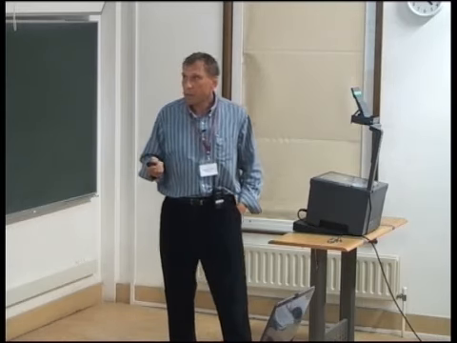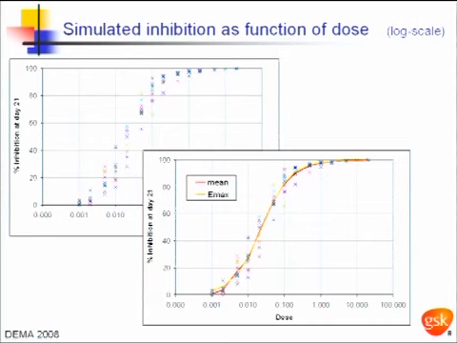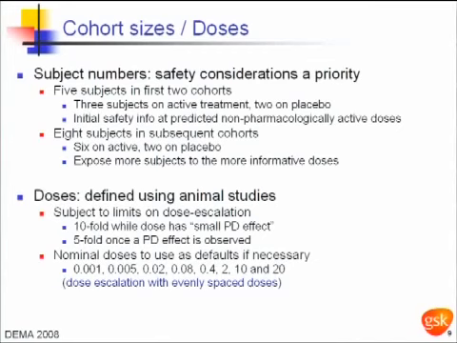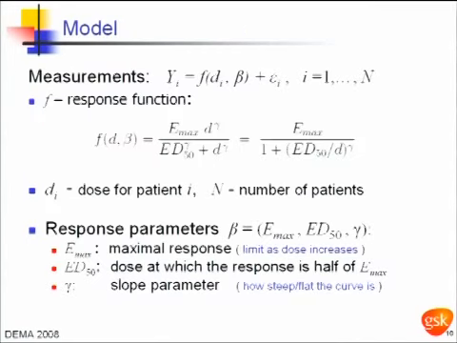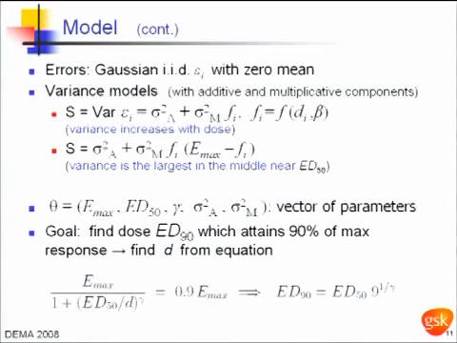Another thing, if I bring back this plot, you see that it's obvious, and that's not what I generated, it's what PK scientists generated, that the variability in the middle seems larger than variability at the ends, which suggests that the variance should be modeled as an inhomogeneous, non-homogeneous object. There are several ways to introduce this non-homogeneity.